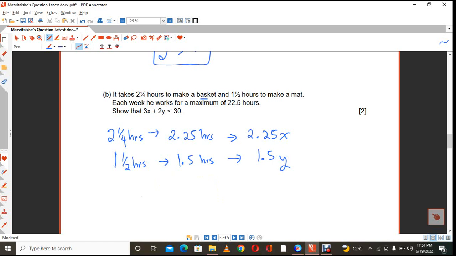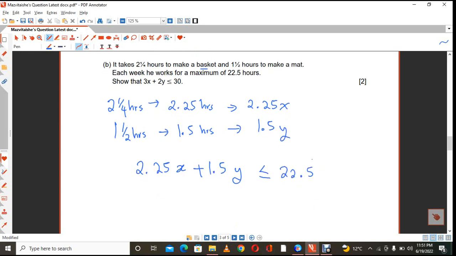So together this is going to be 2.25 hours when you make a basket, plus 1.5 hours when you make the mats, should be less than or equal to 22.5.